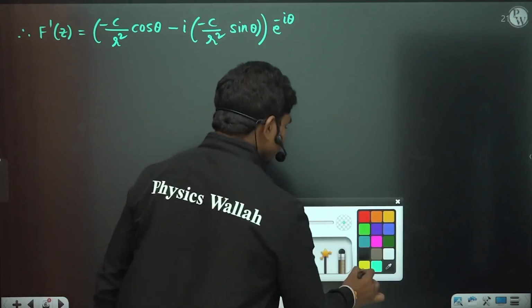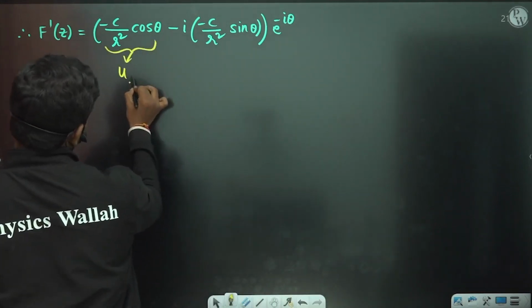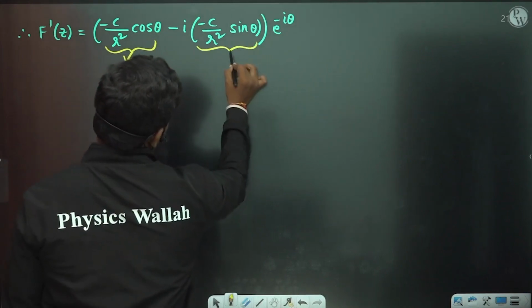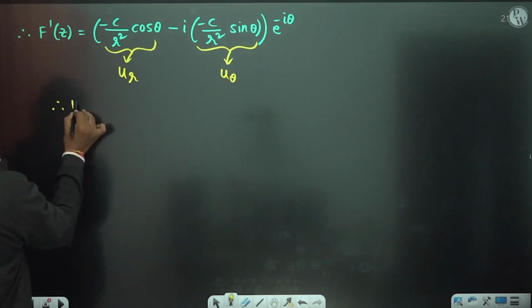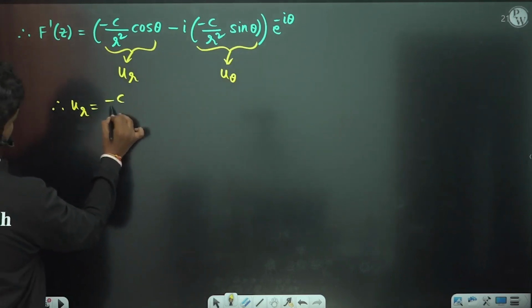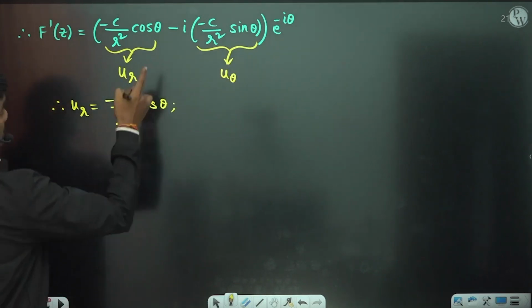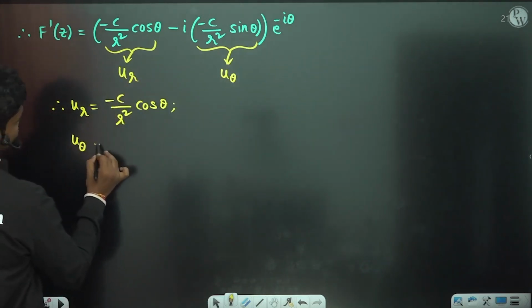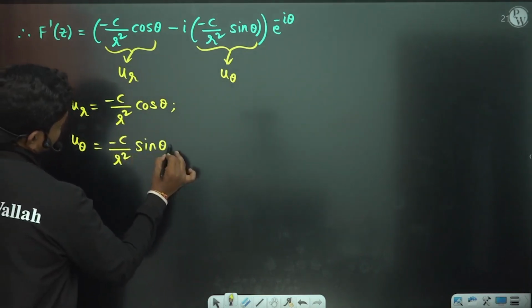So from this you know that this component which is here is radial velocity, and this component which is here is azimuthal velocity u theta, and therefore ur is equal to minus c by r square cos theta, and this u theta is equal to again minus c by r square sin theta. Correct. So this is what we have.